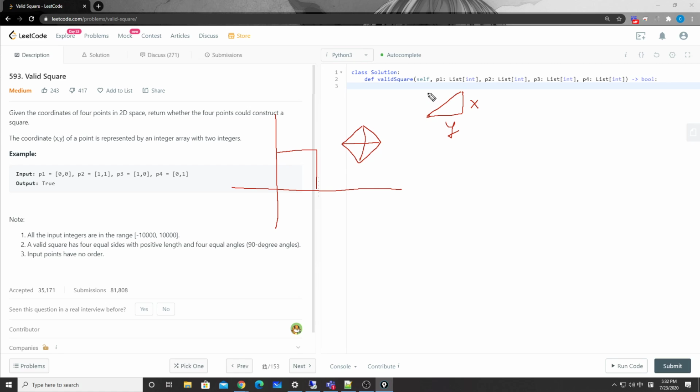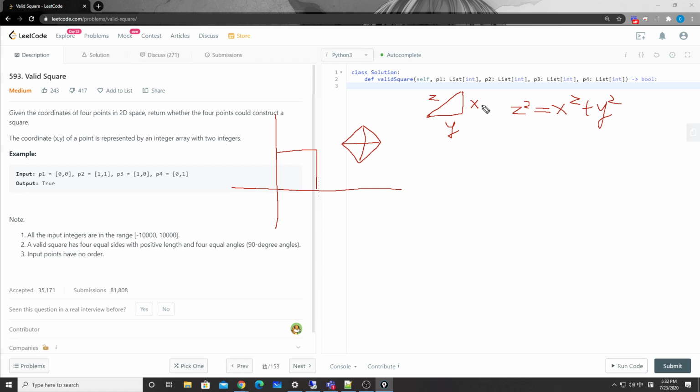Based on the Pythagoras theorem, z squared equals x squared plus y squared. And what is x? X means the x difference of those two coordinates, and this length y equals the difference of the y coordinates.